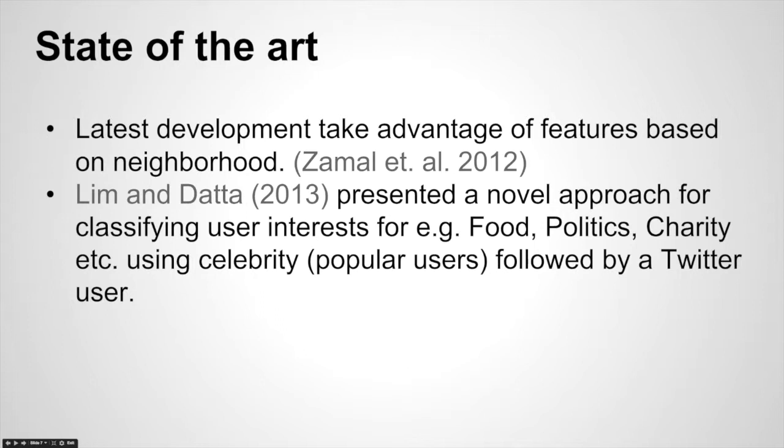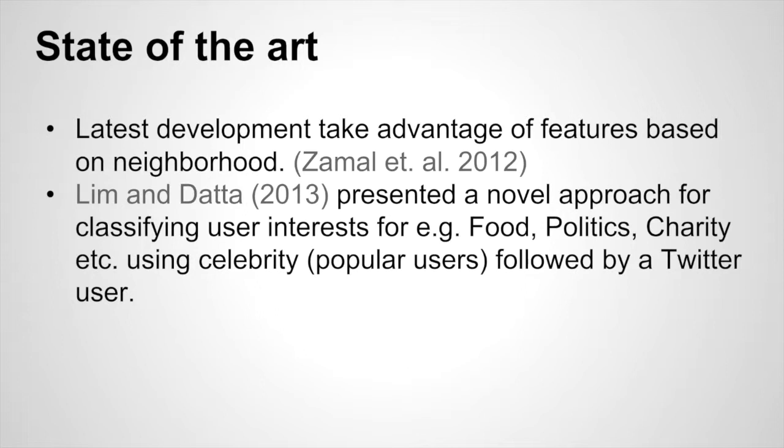So I have already discussed Zamal's work, how he used network-based features, like the popular networks, while Lim and Datta did some interesting work and tried to use popular users, so-called celebrities, to classify users' interest.